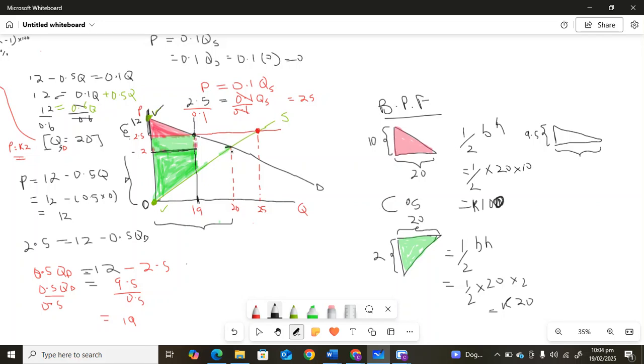It was 20 earlier on, now it's 19. So let's calculate the consumer surplus. Half times 19 times 9.5.